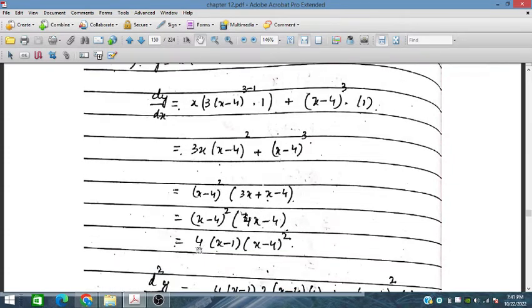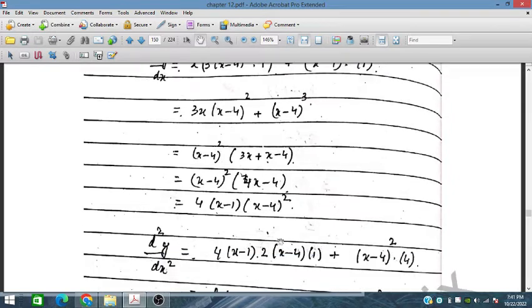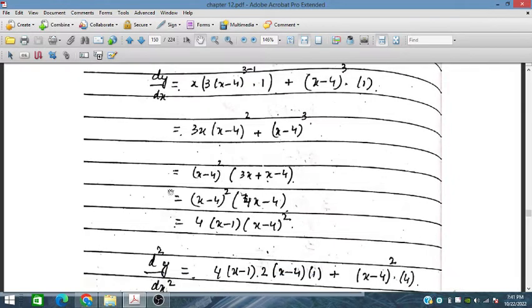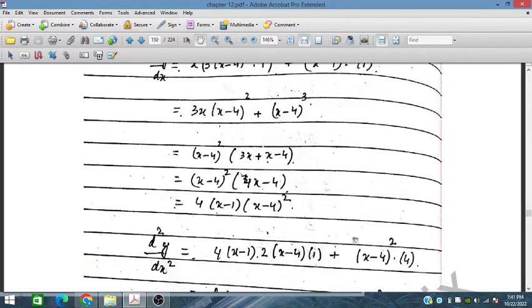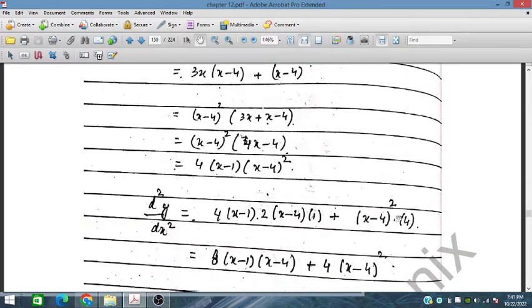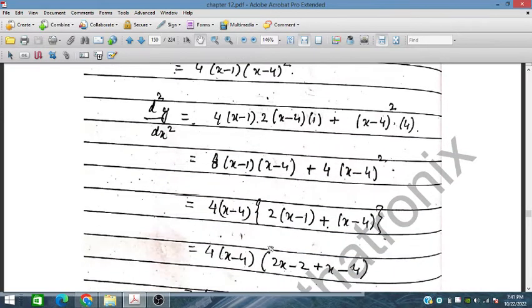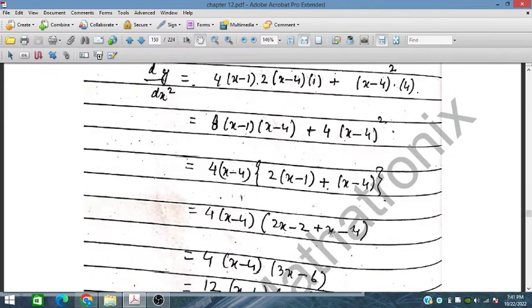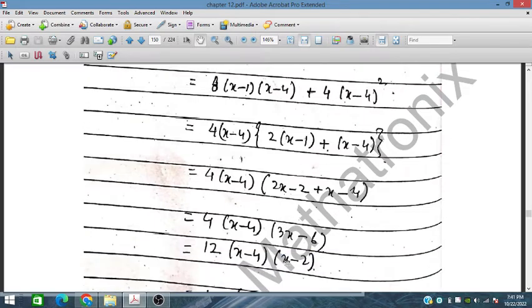So 4 is taken common here, x minus 1. So this is dy by dx, and we take the derivative again. So this is u and v again, perform the same, and the result we have obtained is this, and then we'll simplify it.